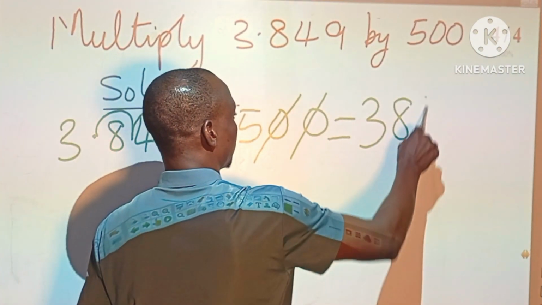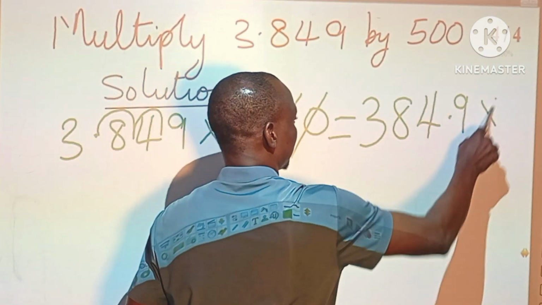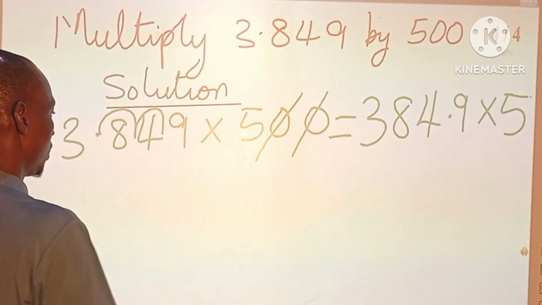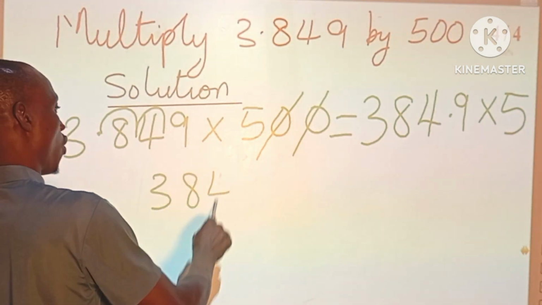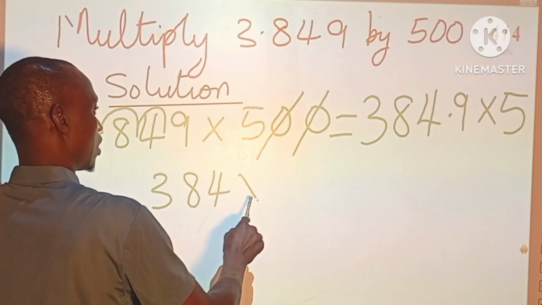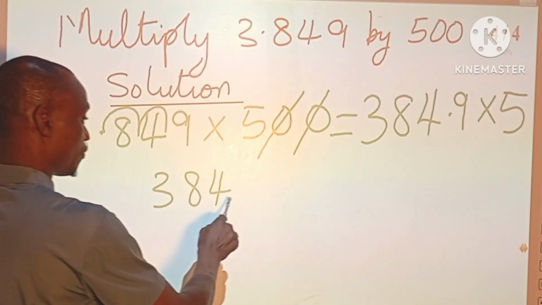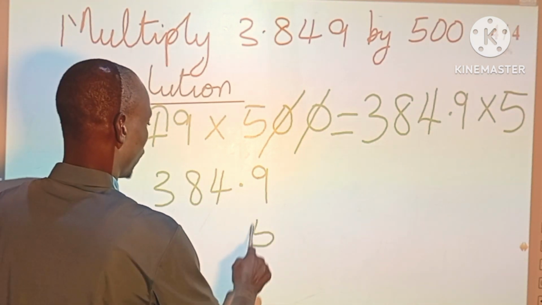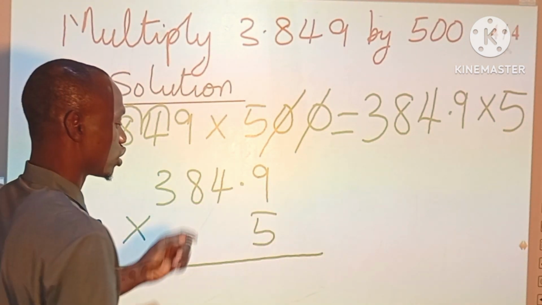So we have 384.9 times the number 5. This can be written in a rough corner as 384.9 times 5. Now 5 times 9 gives us 45.